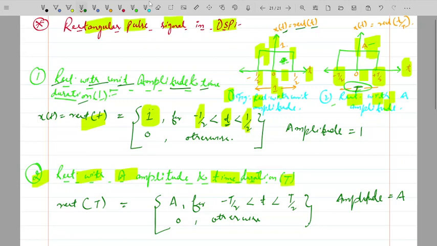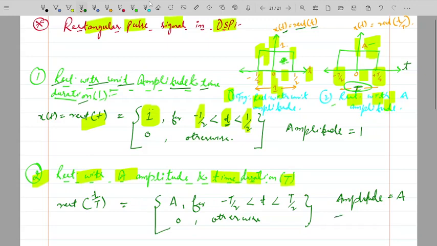Here one thing more: this small t is divided by this capital T. So we can write the rectangle of small t divided by capital T. At that particular condition we get the signal, that is a, the amplitude a, when this small t is in the range from minus capital T by 2 to plus capital T by 2, and otherwise 0.